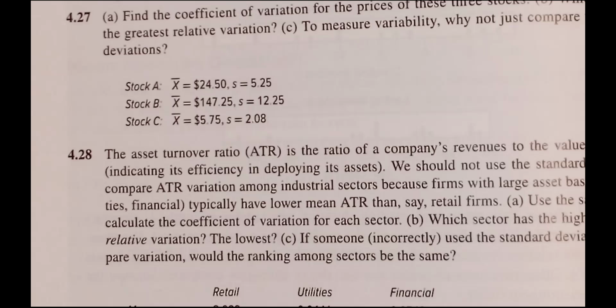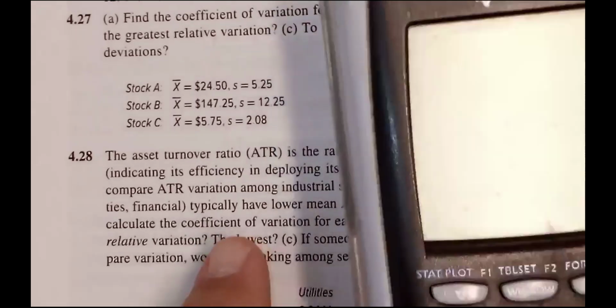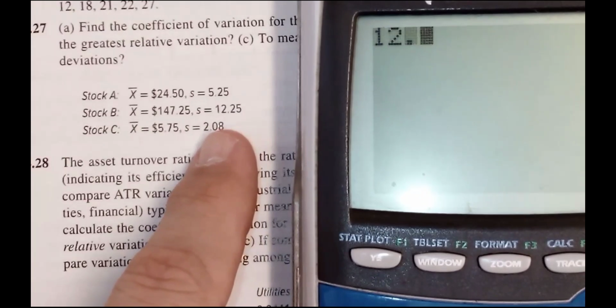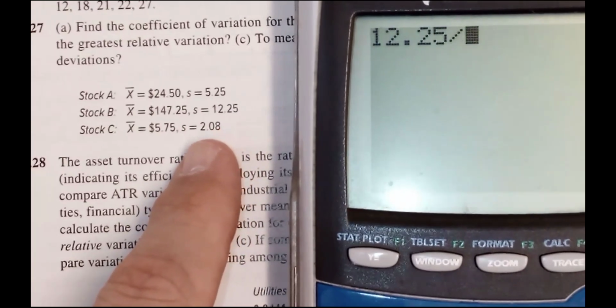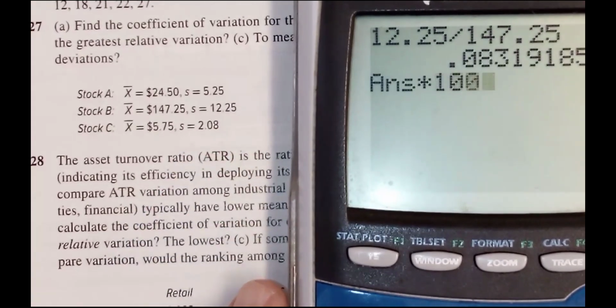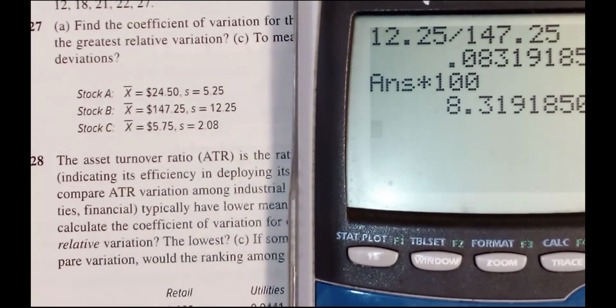Well, let's take a look. I need to work out my coefficients of variation. So for stock B, the coefficient of variation is 12.25 divided by 147.25, multiplied by 100, 8.3. That's pretty low.